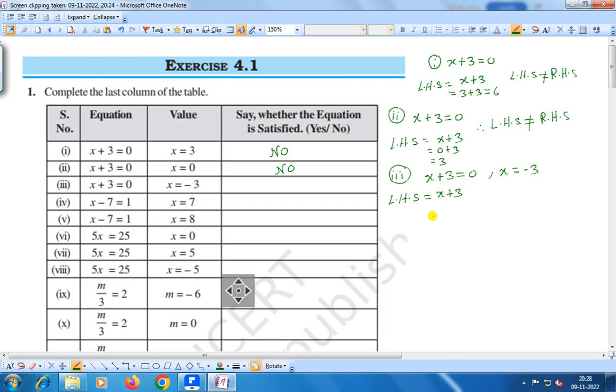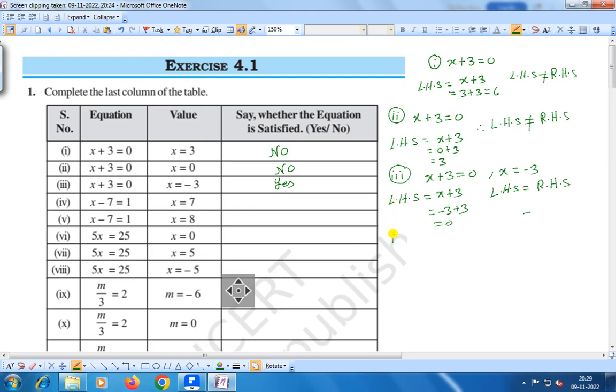If the value of x is minus 3, then minus 3 plus 3 is equal to 0. Therefore in this case left hand side is equal to right hand side. Therefore it is satisfied, and the answer is yes.